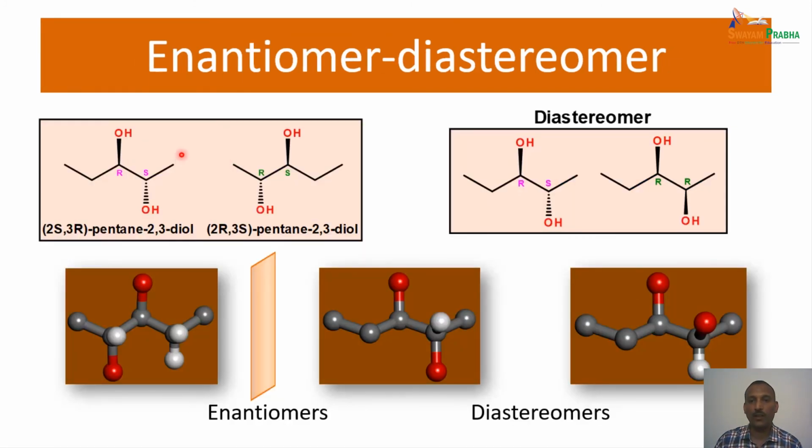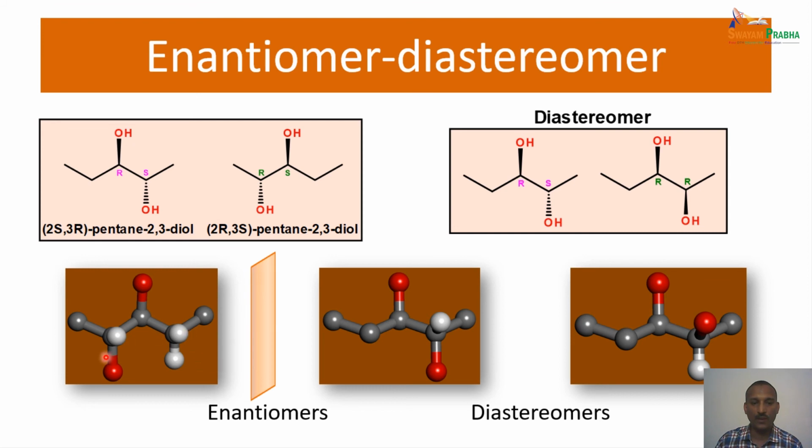So in this particular slide, you will see the difference between enantiomer and diastereomer in a much simpler way. So we are taking this as our standard compound. That means this is having the RS configuration here. That is, OH is pointing downwards and here the OH is pointing upwards. So this is taken as a standard and these two are generally called enantiomers.